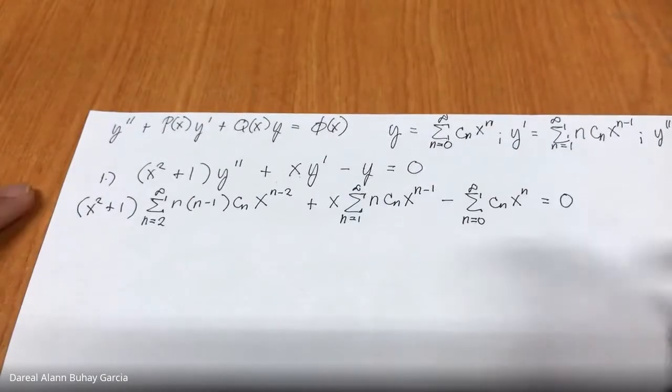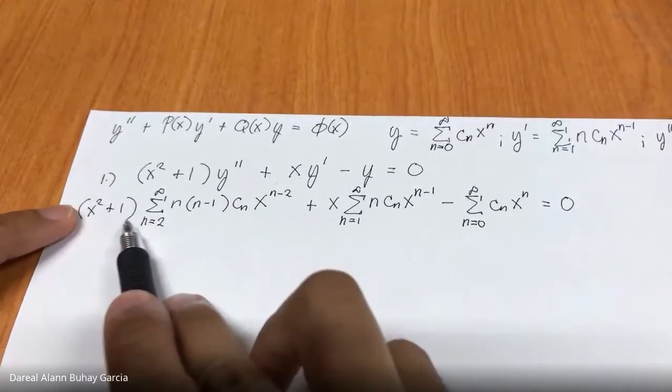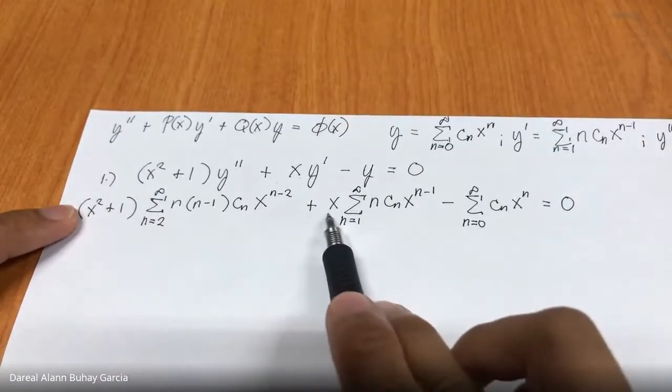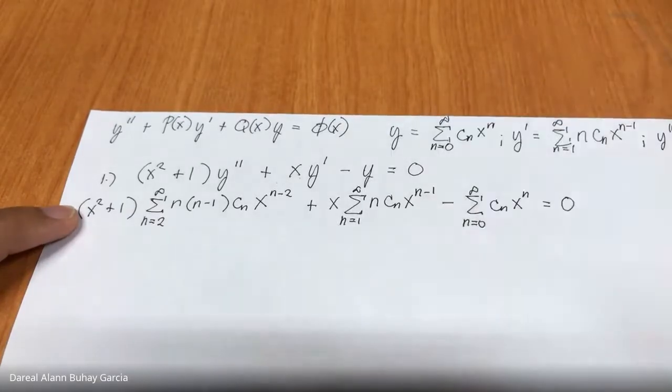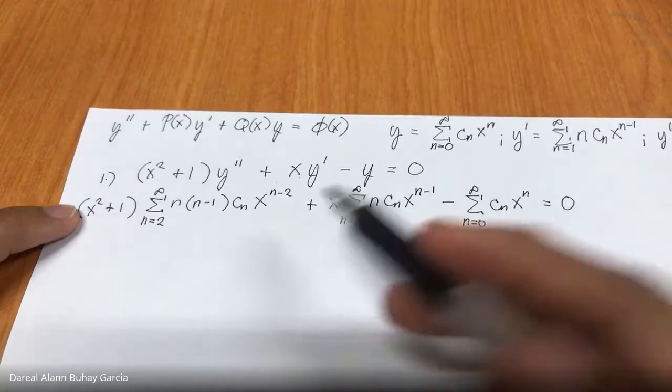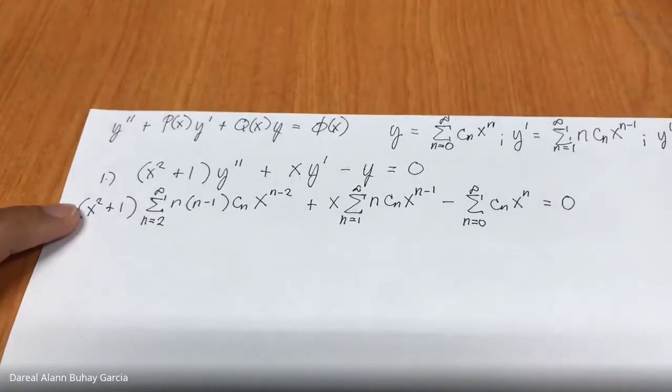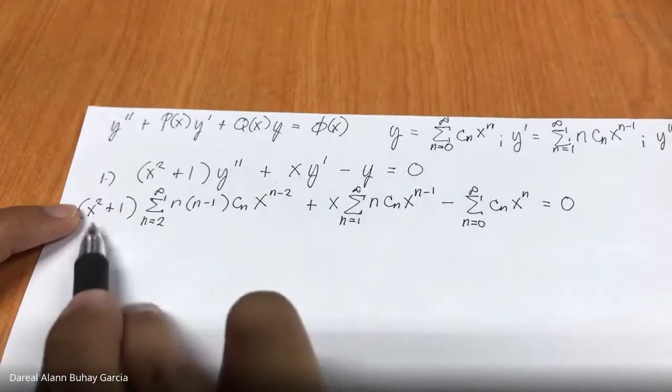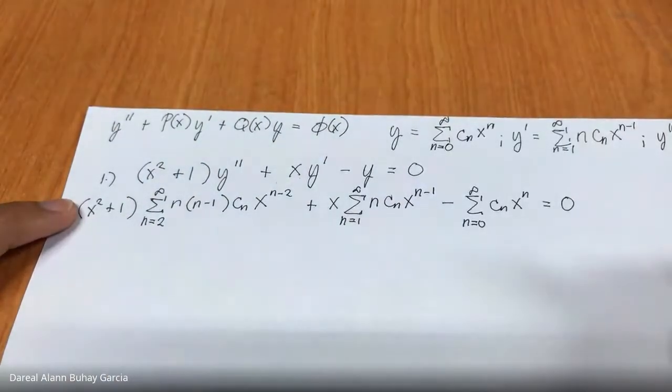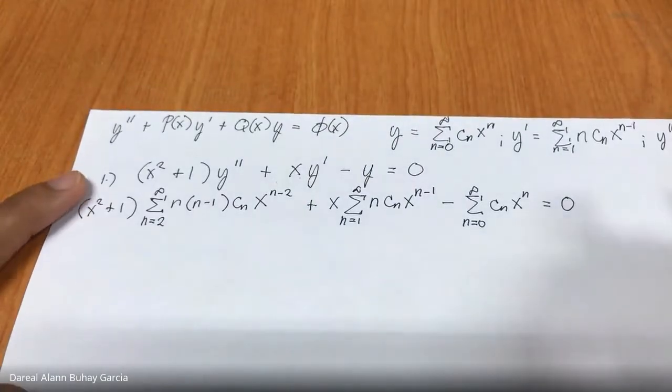Distribute first, especially this one and this one. After that, we adjust the index, to n is equal to 1 or n is equal to 2. That's very good. But first, let's distribute, so we collect terms, to make our next steps simpler.